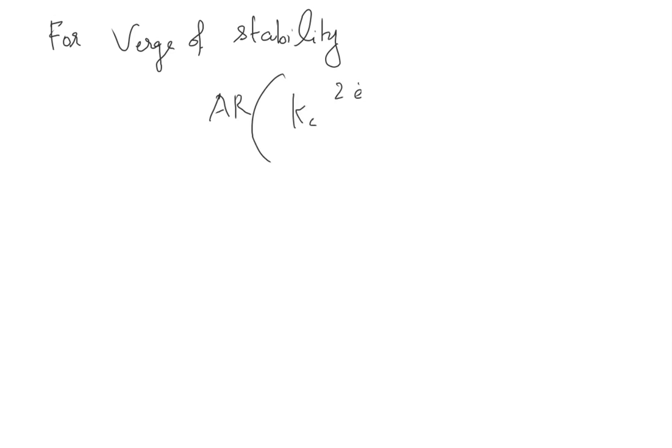Now for stability, or first find out, let's say, for verge of stability, the amplitude ratio of Kc into 2 e power minus s by (5s plus 1) whole square is equal to 1.